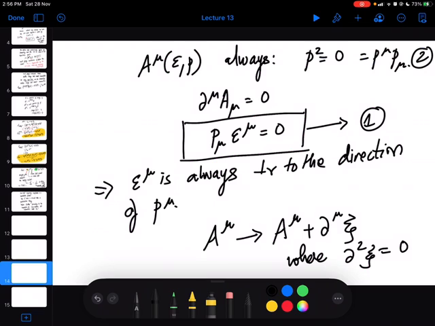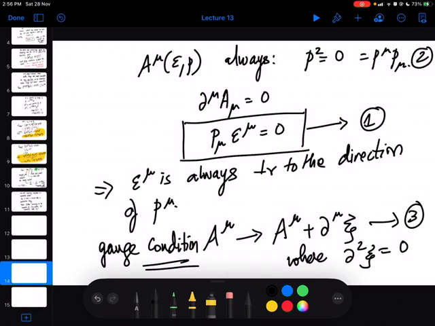You can always add a derivative of some scalar field, and the entire theory is completely invariant. This is called the gauge condition.